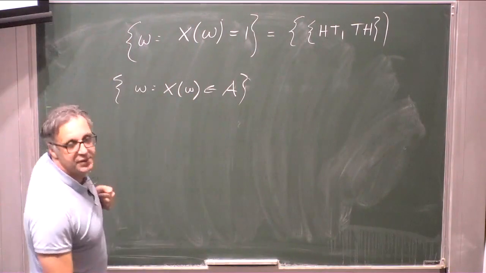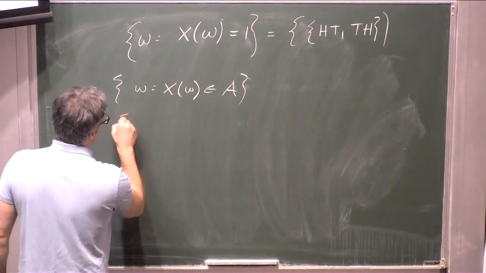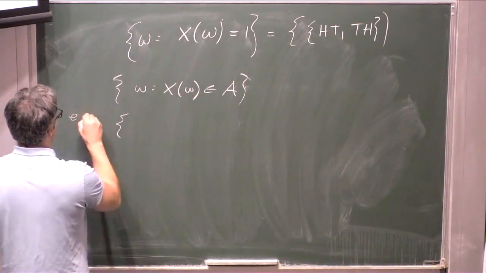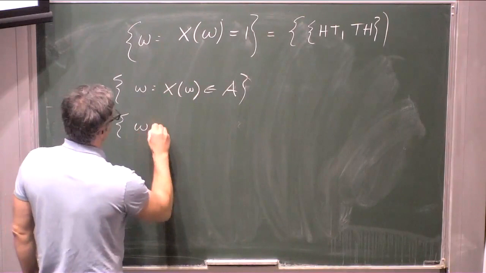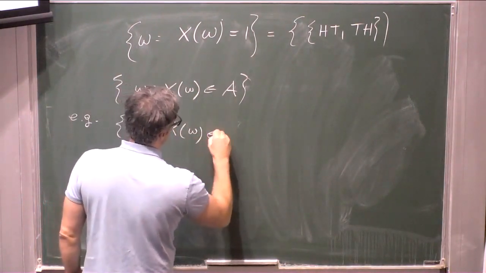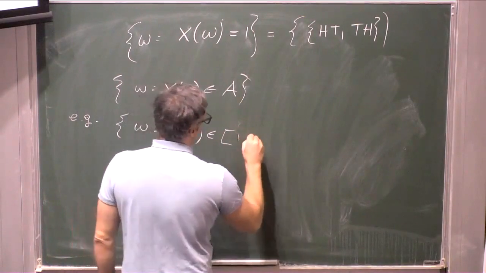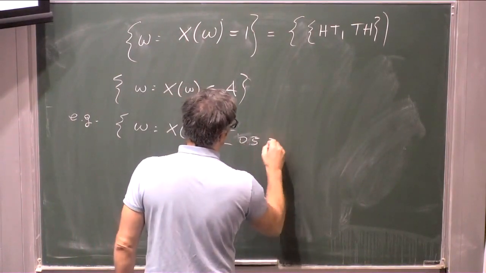As this was a specific example, let's continue with a different choice of A. The set of omega such that X of omega belongs to the interval 0.5, 3.